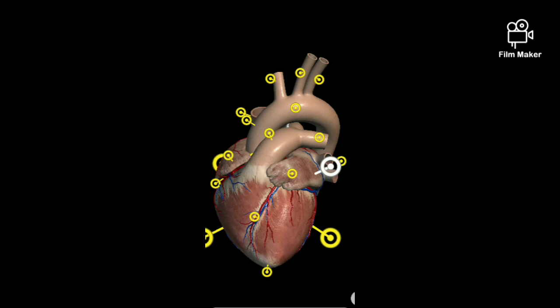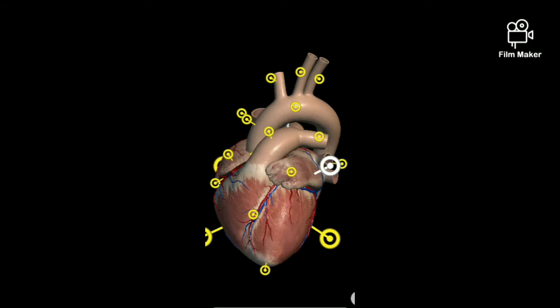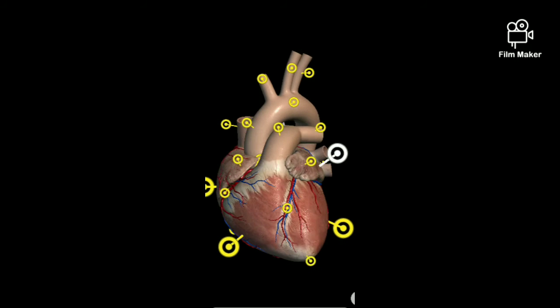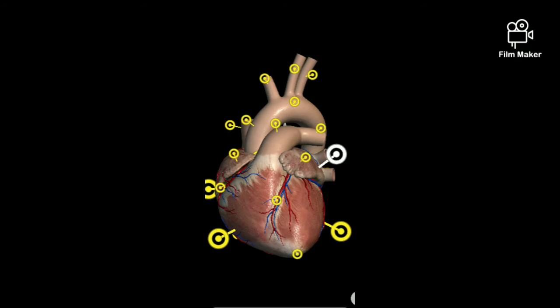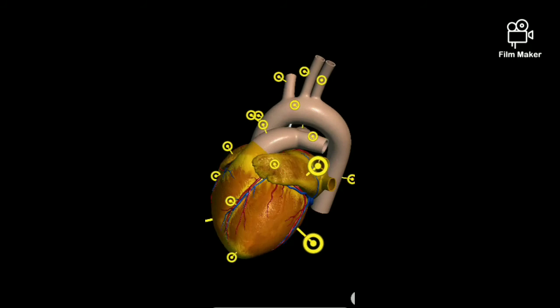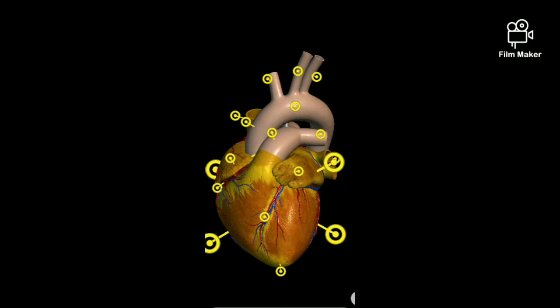The left auricle extends from the superior aspect of the chamber, overlapping the root of the pulmonary trunk. The inferior surface of the left atrium can be divided into parts, each with a distinctive embryological origin.